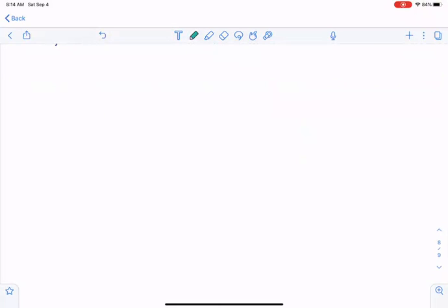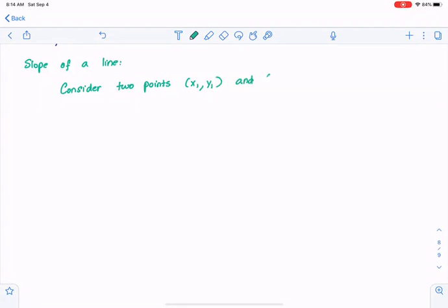That would be good enough. I'm going to write the formula, but don't just memorize the formula.